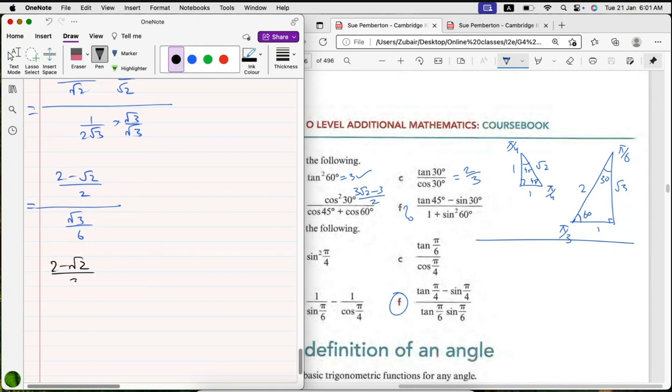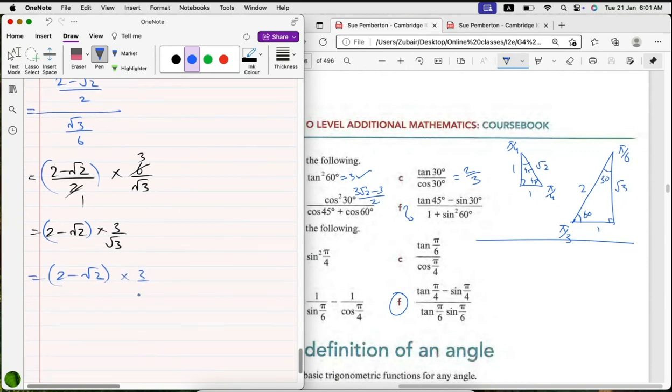2 minus square root 2 by 2 into 6 by root 3. 2 1 times, 2 3 times. 2 minus root 2 into 3 over square root 3. I'm rationalizing the second part only. 2 minus root 2 into 3 over root 3 into root 3 by root 3.